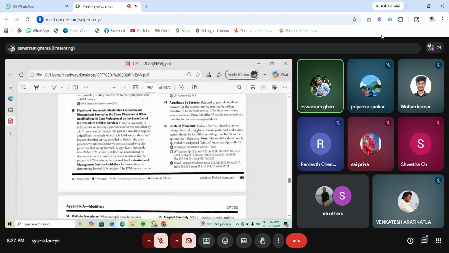Unless otherwise identified in the listings, bilateral procedures performed at the same session should be identified with modifier 50.